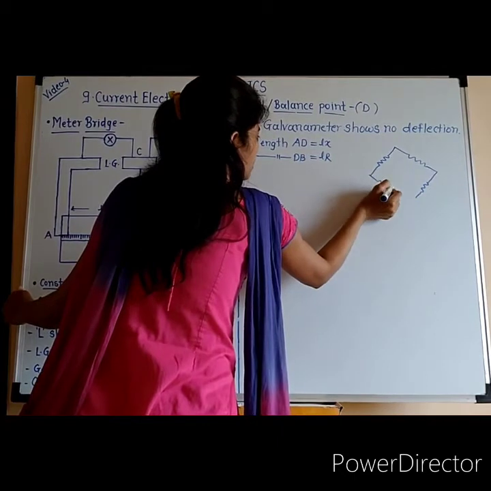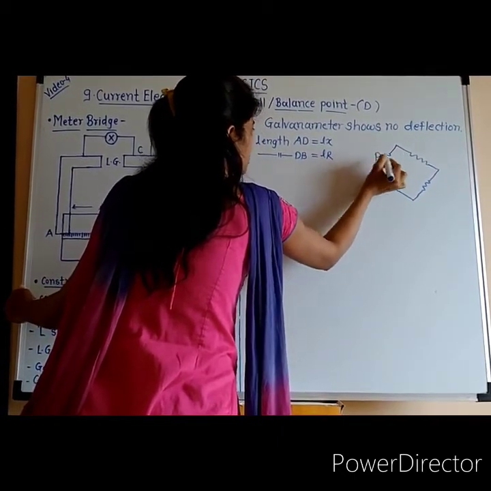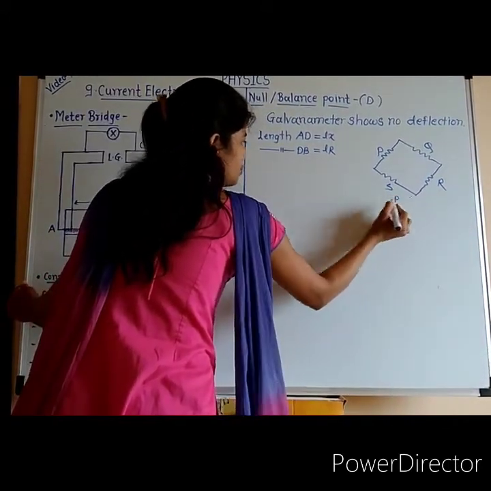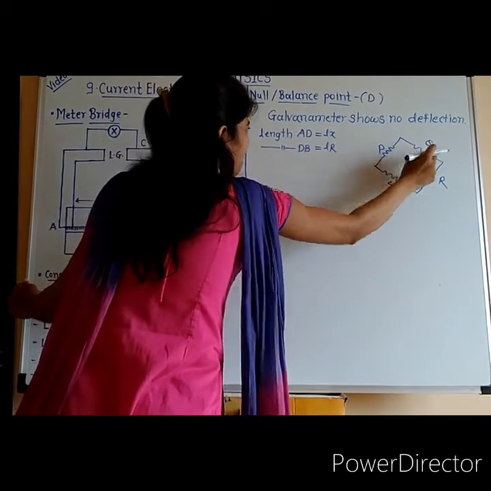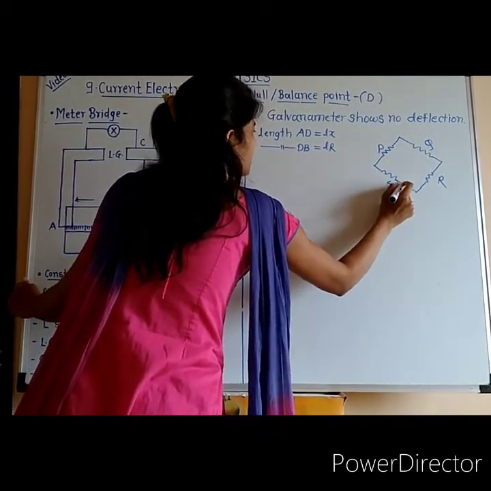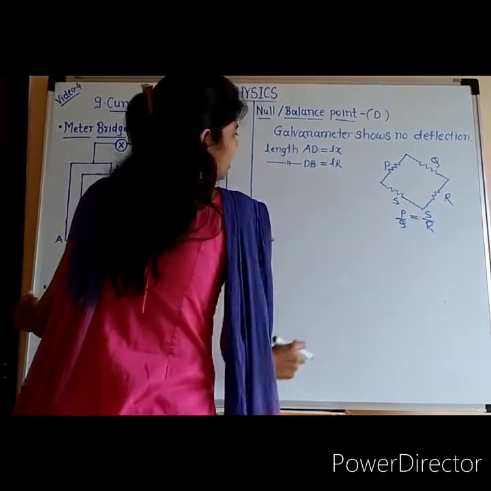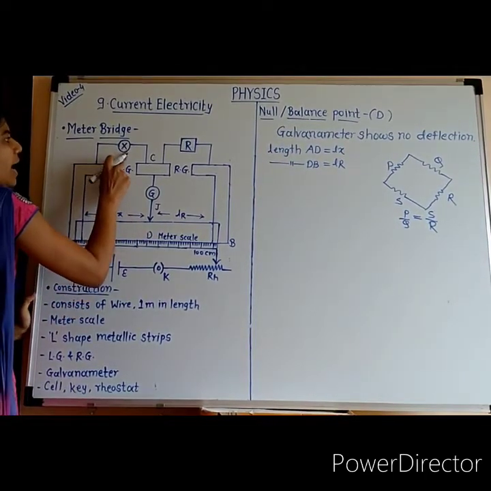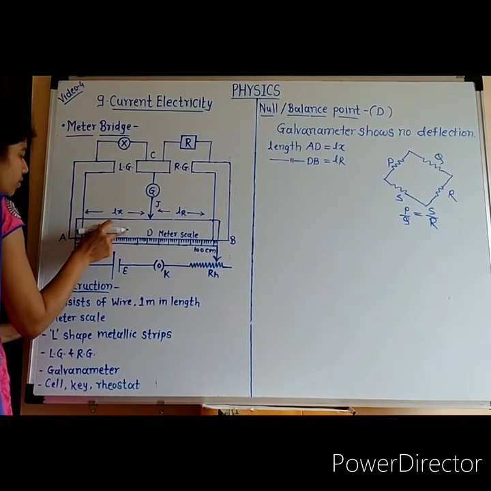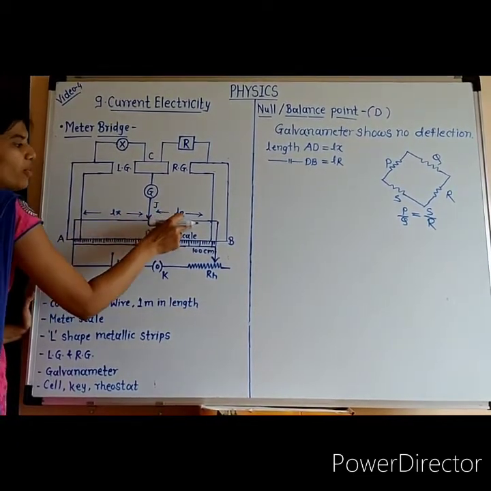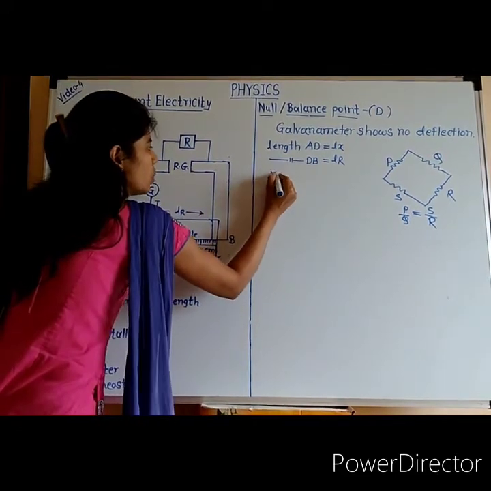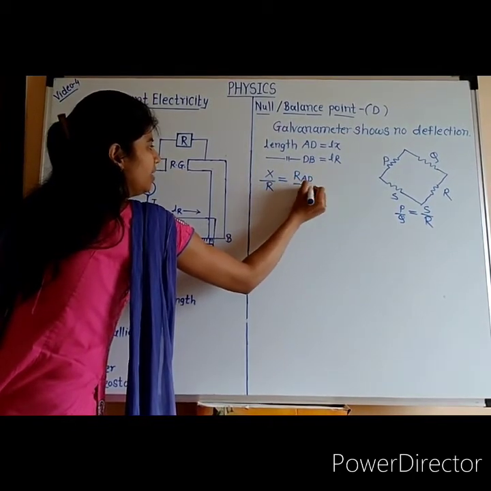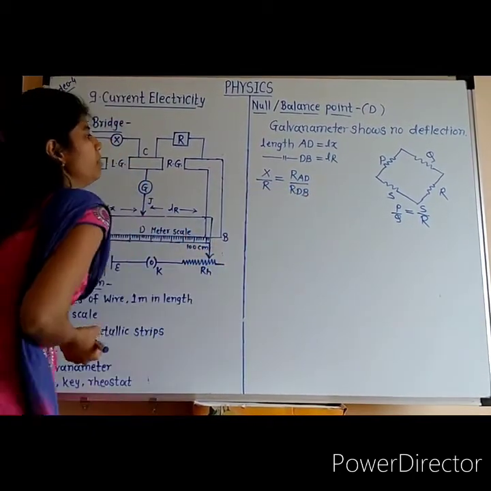There are 4 resistances in the Wheatstone bridge, that is P, Q, R and S, and the balancing condition is P by Q equals S by R. Similarly, the balancing condition for this circuit is X by R is equal to the resistance along AD upon the resistance along DB.